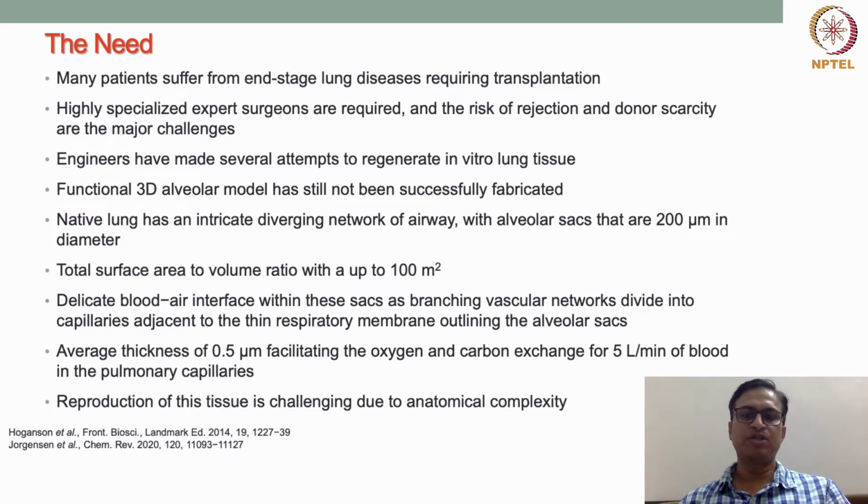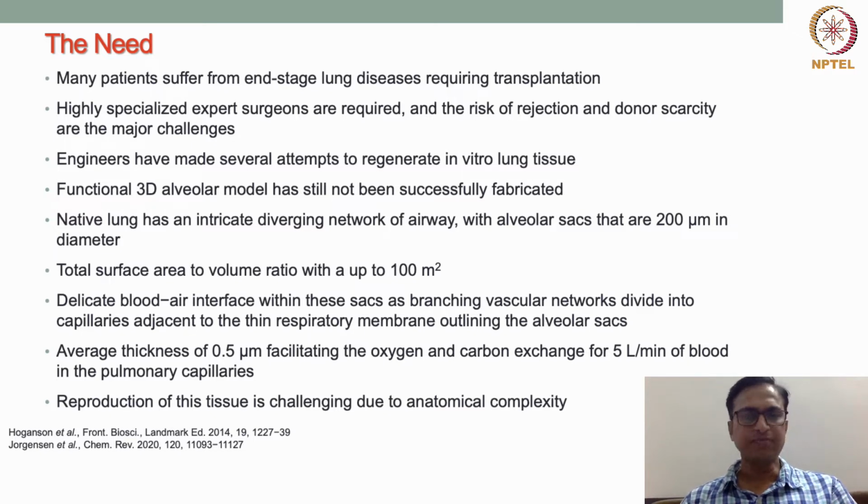Because of the presence of multiple alveolar sacs, the total surface area to volume ratio is very high for these intricate structures, almost up to 100 square meters. Because the surface area is very high, the gaseous exchange in the lung is very efficient because of this alveolar structure.